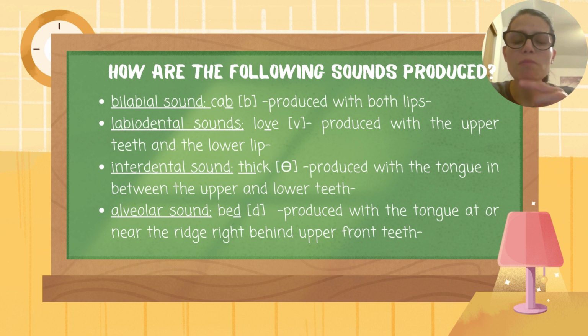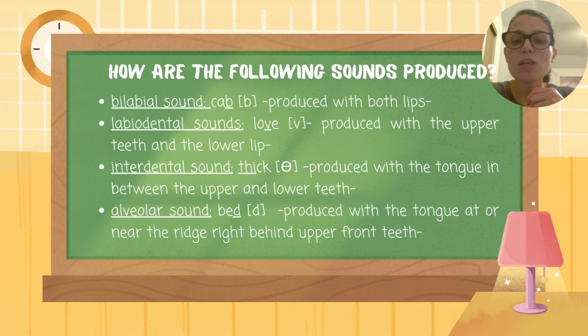Then the next one is the labiodental sound, as for example in the word love, the sound v is produced with the upper teeth and the lower lip. The next one is the interdental sound, as in the word thick. That sound is produced with the tongue in between the upper and lower teeth.